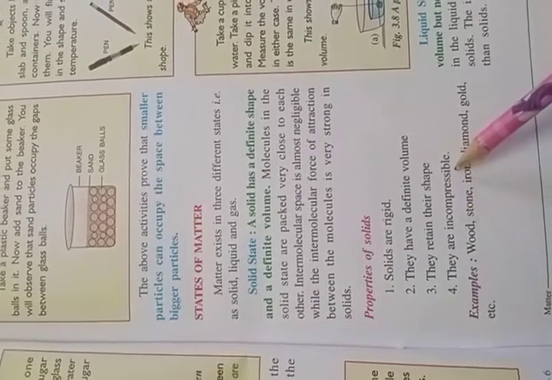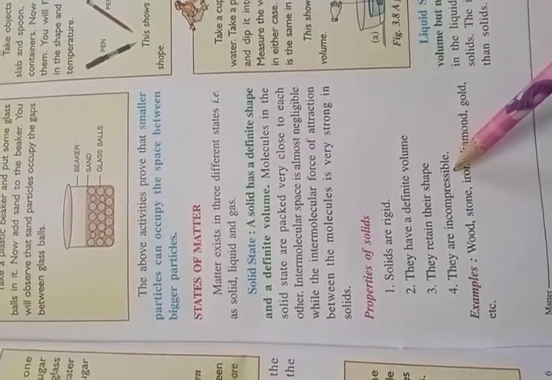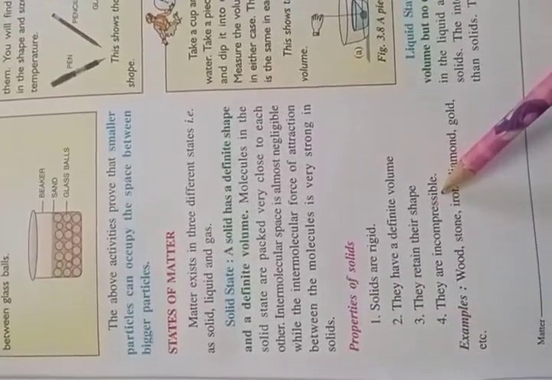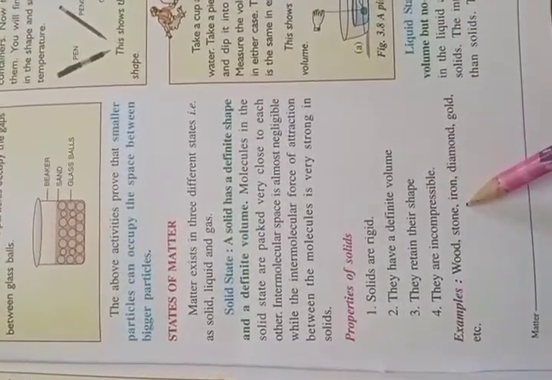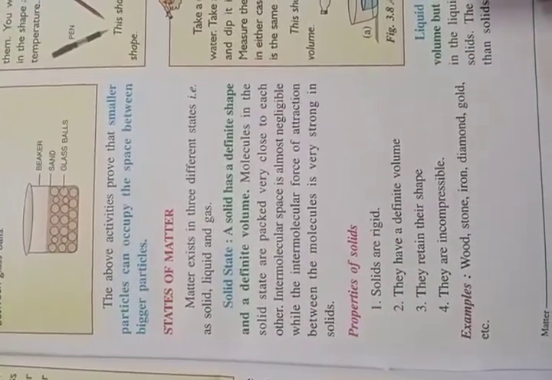They are incompressible, meaning they do not compress easily. Examples are wood, stone, iron, diamond, gold, etc. You can write any example of a solid. Do you understand this point?